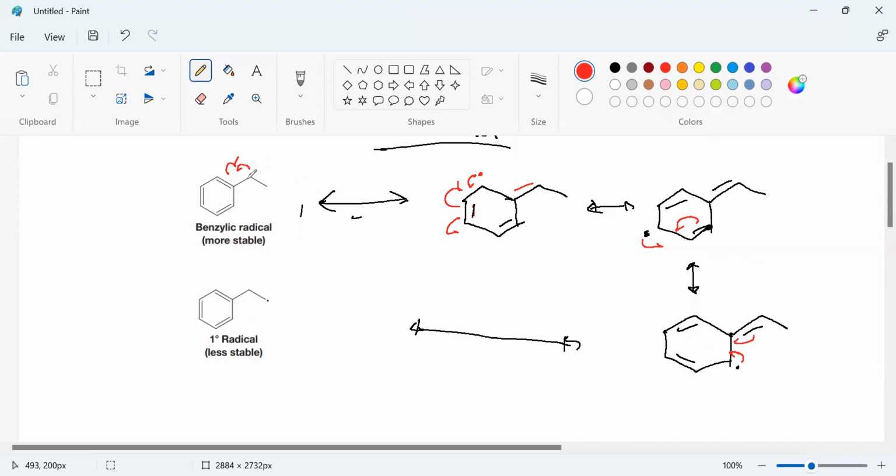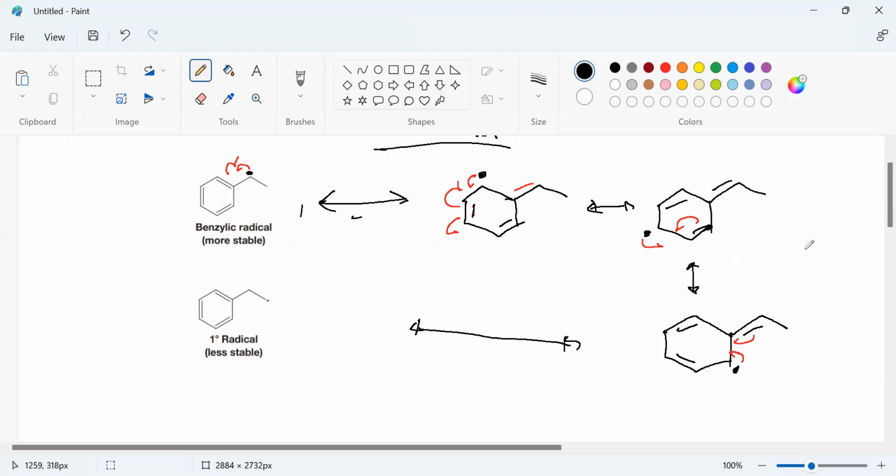Okay, so you see that there is electron delocalization. You can see the electron dot is rotated around. Here you can see the electron dot is located in this benzylic position. You can have it on this position, and then on this position, and in this position.